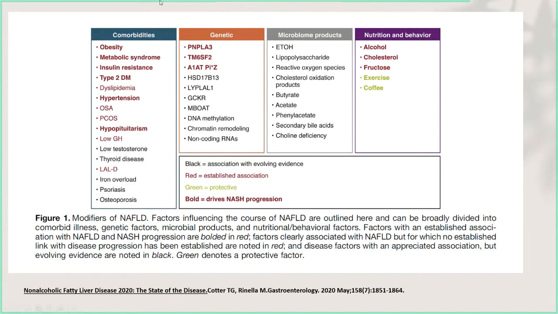The comorbidities that we know of: obesity, metabolic syndrome, insulin resistance, type 2 diabetes, dyslipidemia, hypertension, sleep apnea, PCOS, hypopituitarism, all these endocrine disorders. So you can see why endocrinologists need to know more about this, and also why endocrinologists have been involved in a better understanding of the problem of NAFLD.